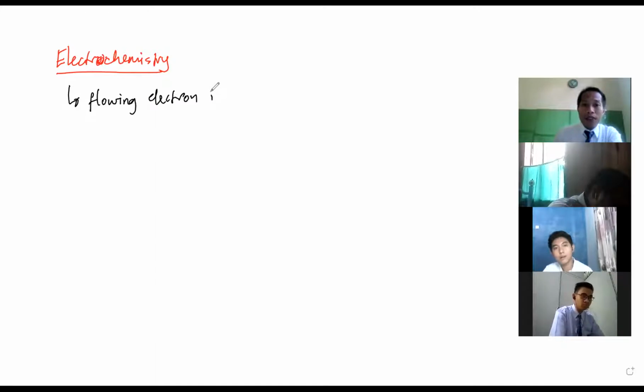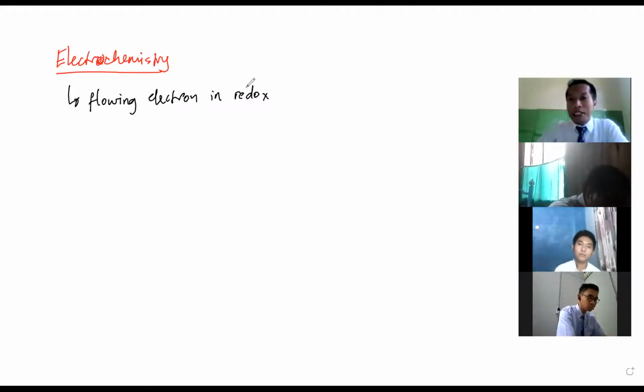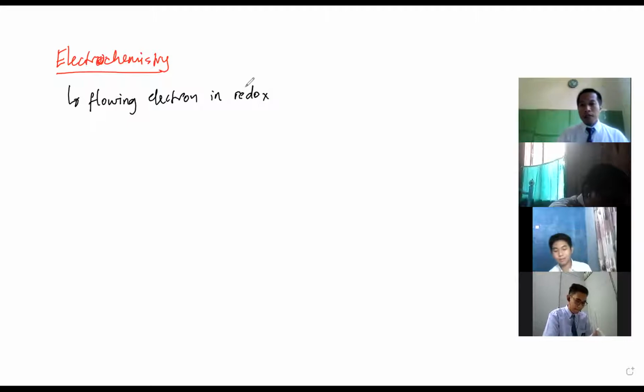And this flowing of electron will make a current, electricity. What do you think? What will be the direction of the flowing of electron and the direction of the current? Are they in the same direction or a different direction? What do you think?